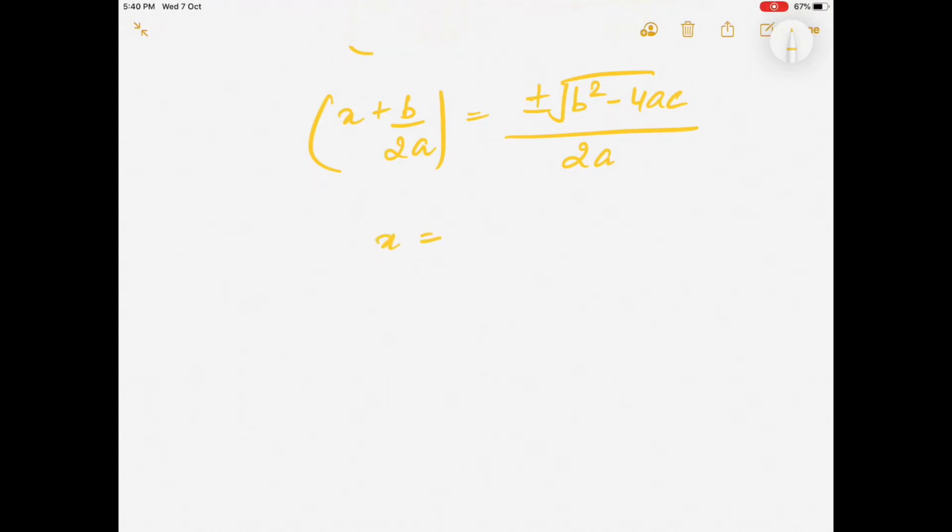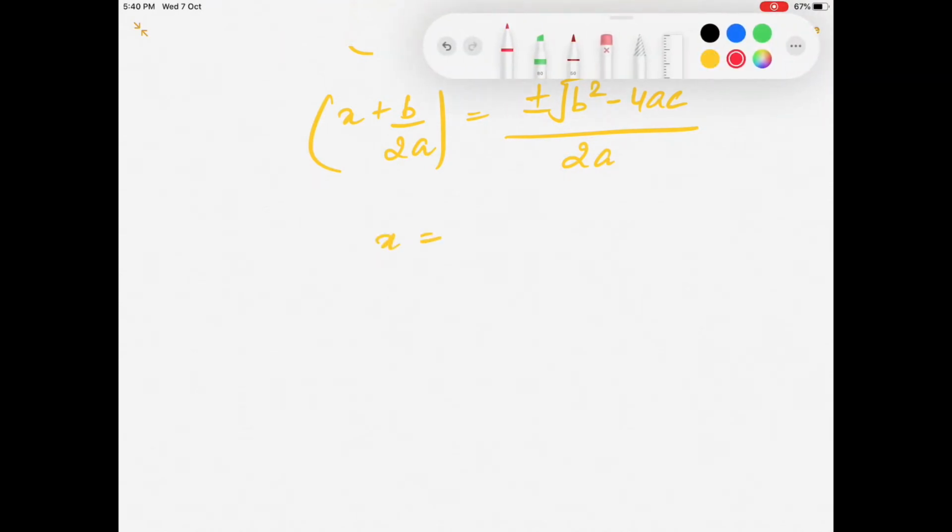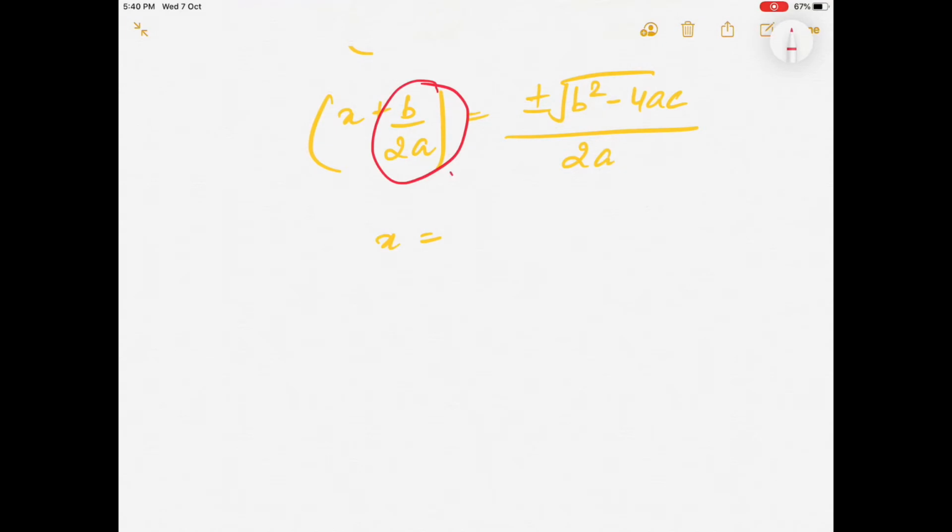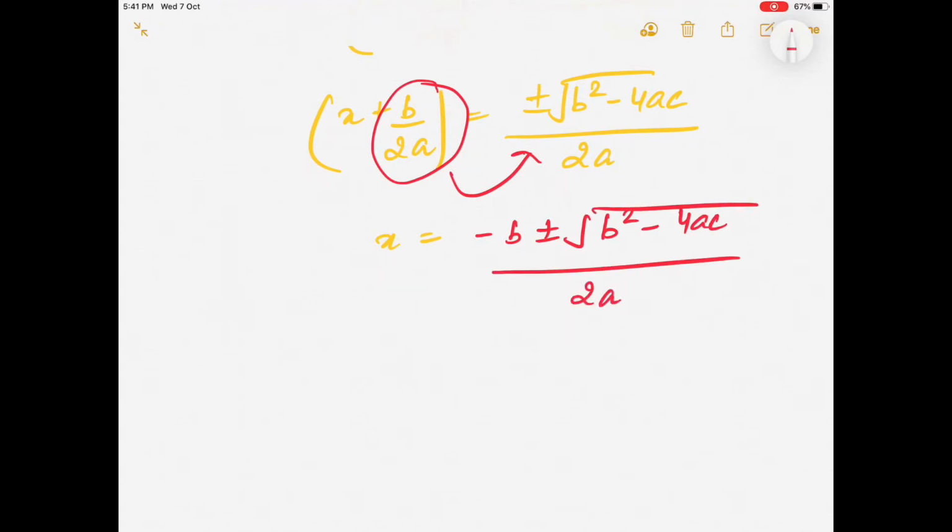We shift only this part to the RHS to get the formula. x is equal to minus b plus minus root b square minus 4ac upon 2a, because both the denominators are common. So this is our last step and our formula.